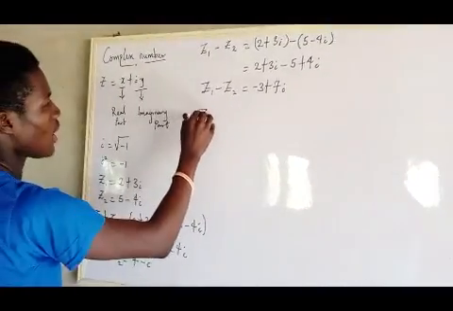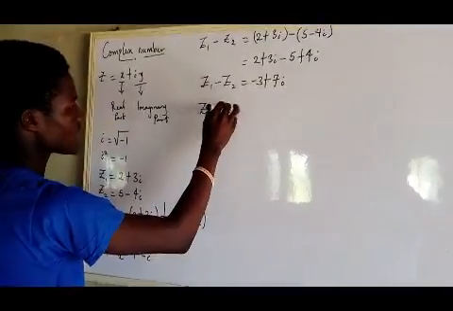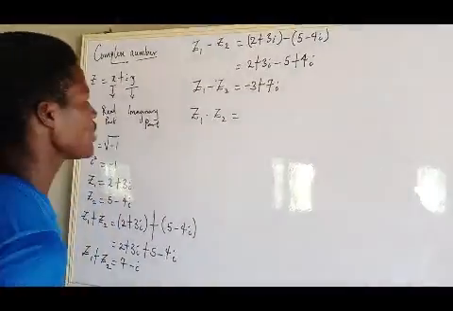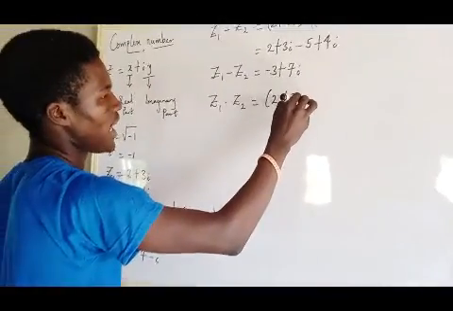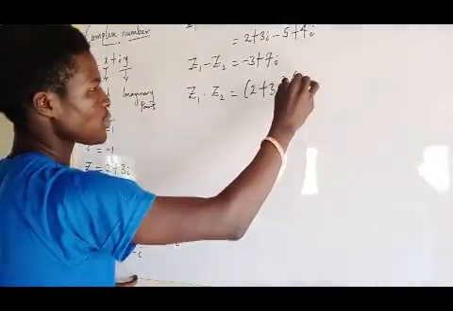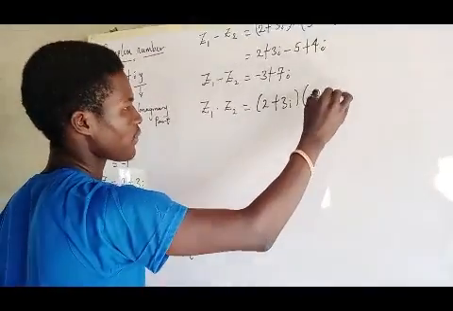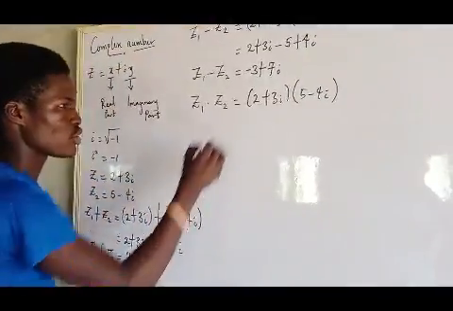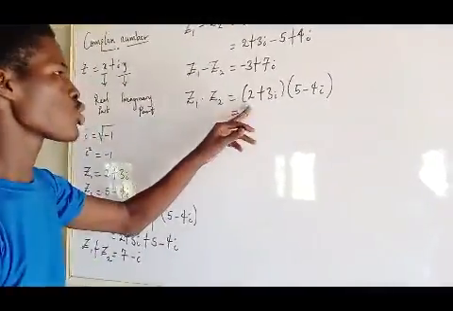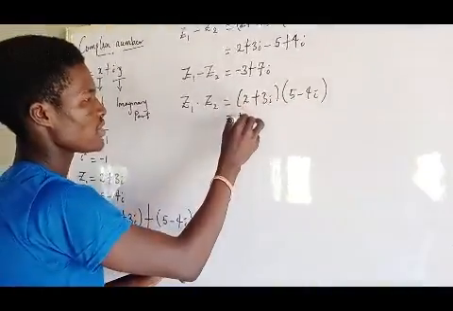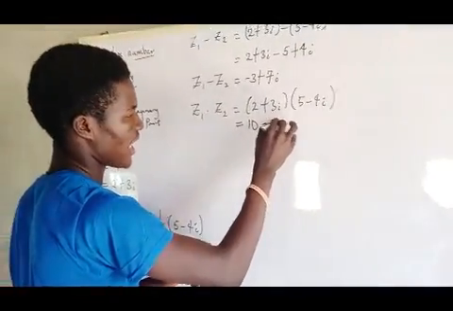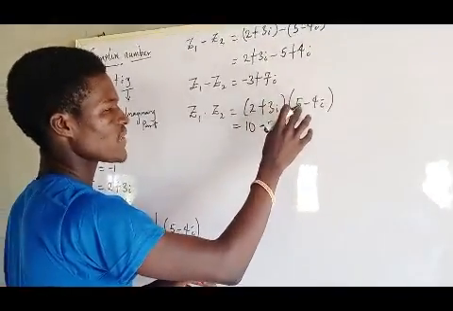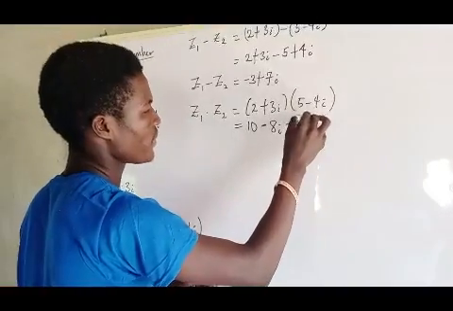So now our z1 multiplied by our z2: 2 plus 3i, which is our z1, multiplied by 5 minus 4i, which is our z2. Now 2 times 5 is 10. 2 times minus 4i is minus 8i. 3i times 5 is plus 15i.